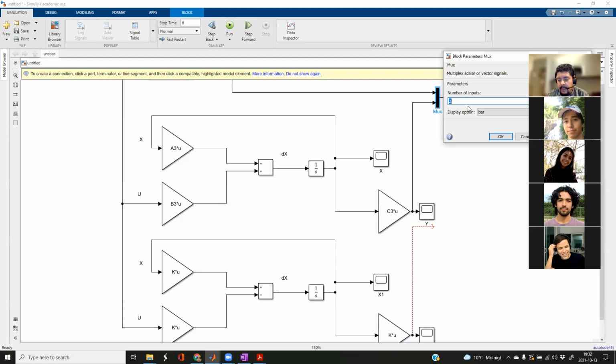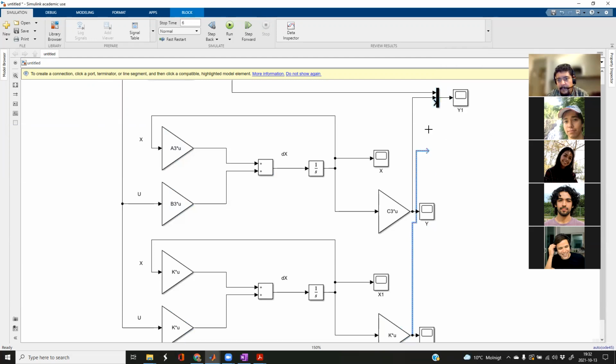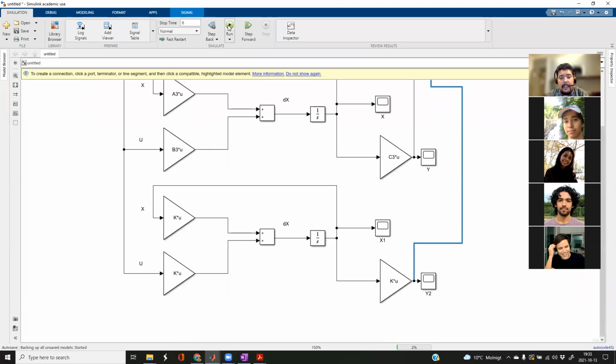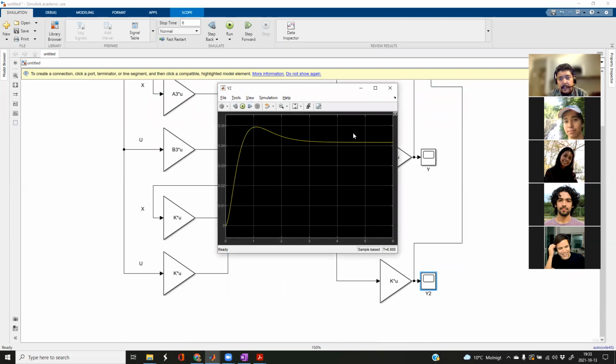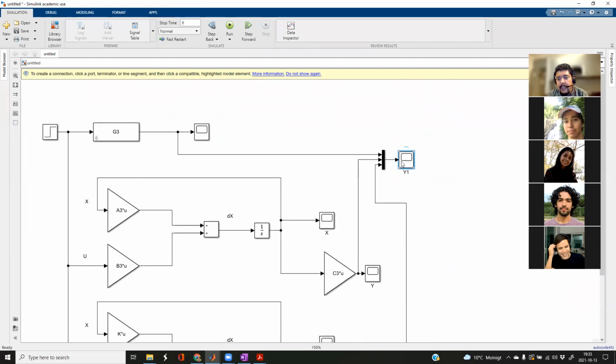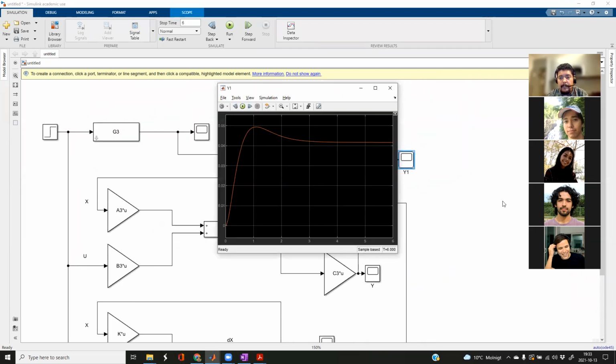I will add another element in here, connected in here. So we have all the outputs shown in the same plot. I simulate again. So of course, these look the same, but we prove in here that it's actually the same.